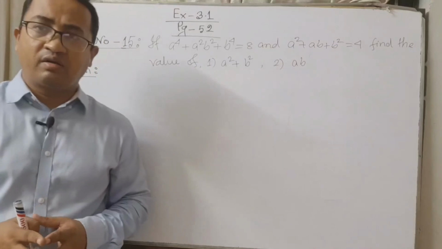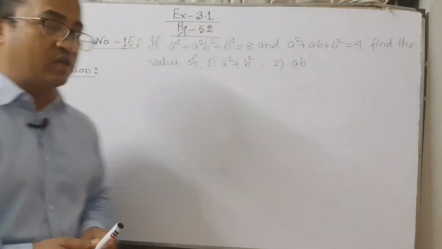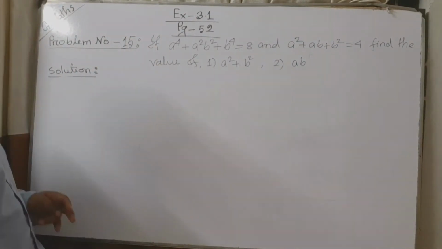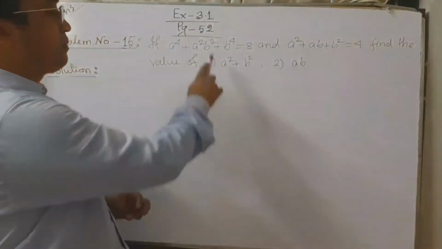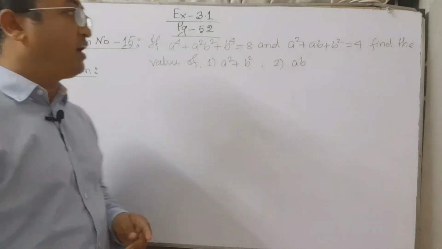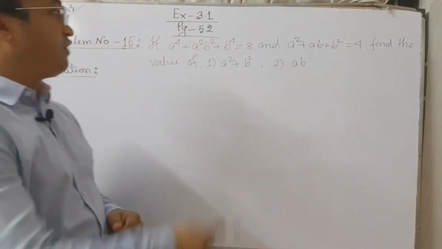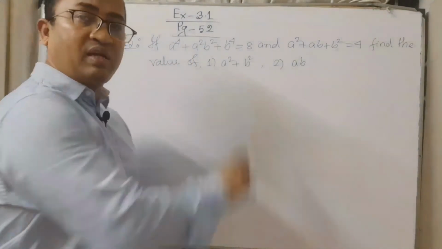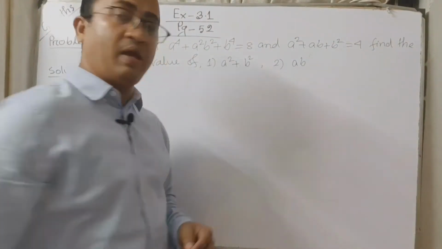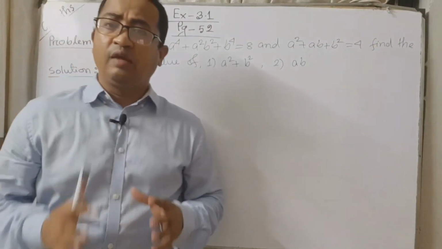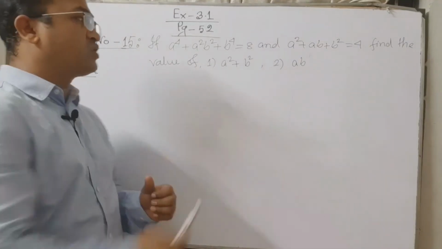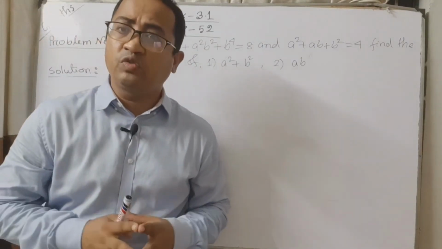My dear student, now I will solve question number 15. Look, if a power 4 plus a square b square plus b power 4 equal to 8 and a square plus ab plus b square equal to 4, find the value of 1, a square plus b square, and 2, ab. Now, if you want to find the value of a square plus b square, at first what should you think?